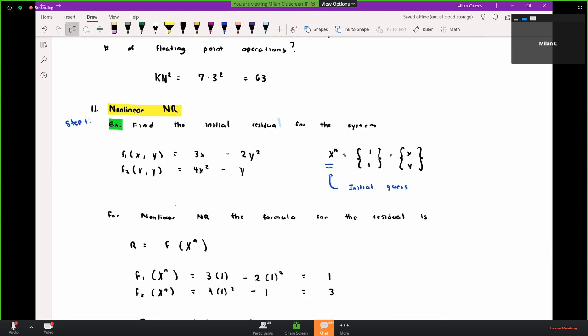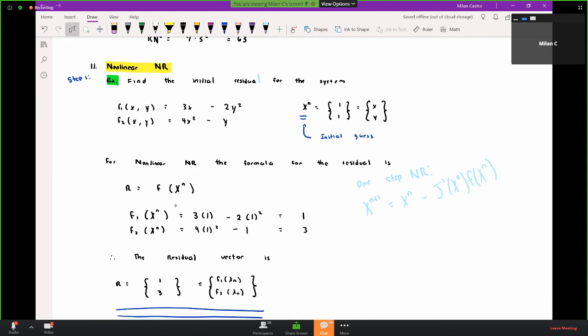And if you look at the formula for your one-step Newton-Raphson, essentially why I like starting off with the initial residual is because our residual is equal to f(x_n). So there we're just going to start off by finding the simplest term.